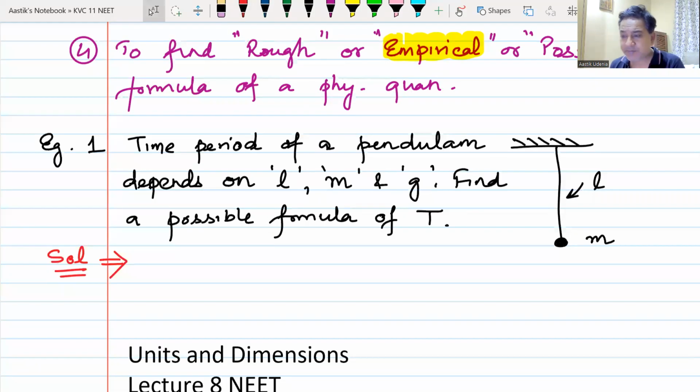As far as I remember, in the last class, the last thing that we discussed was the fourth use of dimension analysis, and that was to find the rough or empirical or possible formula for any physical quantity if you know on what other quantities that physical quantity depends.